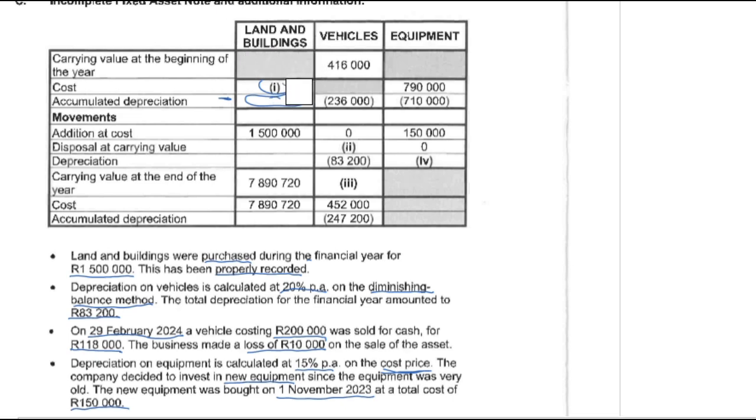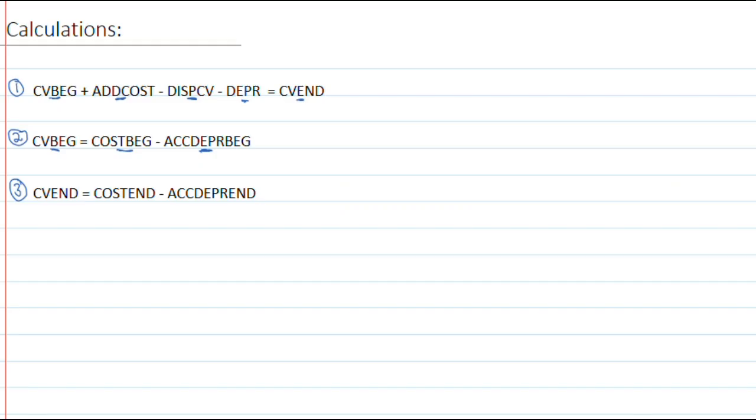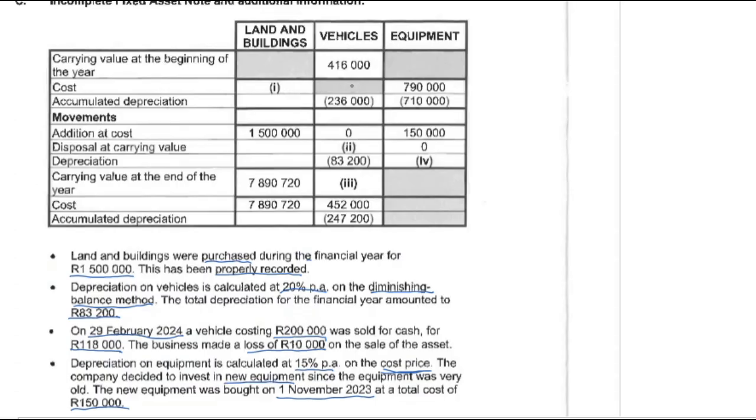The third equation you can pick up from the fixed asset note is carrying value at the end of the year is equal to cost at the end of the year minus accumulated depreciation at the end of the year. Just like we did for the carrying value at the beginning of the year, we do the same for the carrying value at the end of the year. The carrying value at the end of the year is going to be equal to the cost at the end of the year minus the accumulated depreciation at the end of the year.